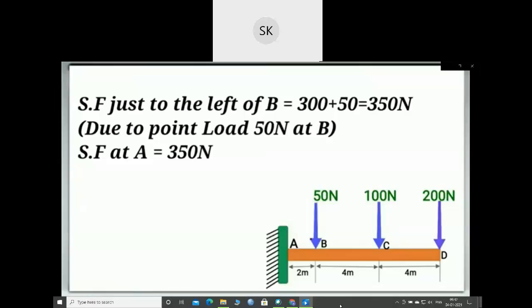And shear force at point A will also be equal to 350 Newton because shear force will remain constant between point B and A due to absence of any other load.